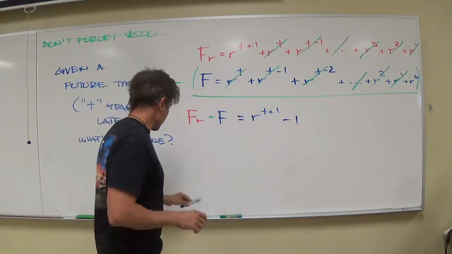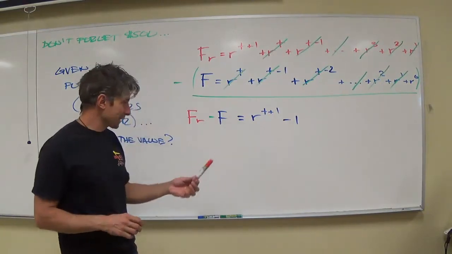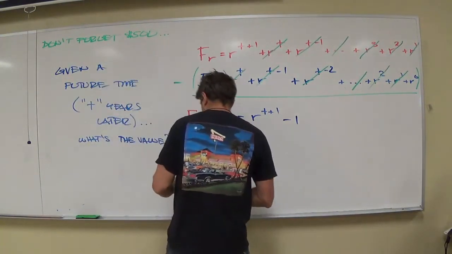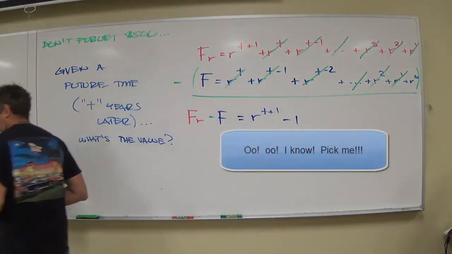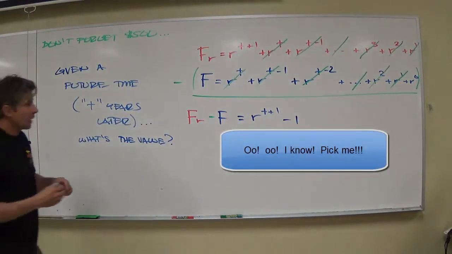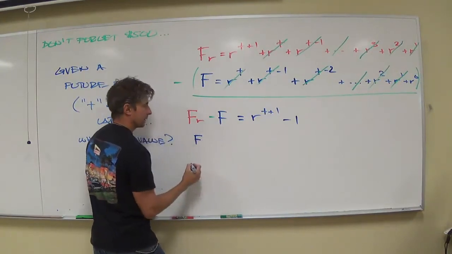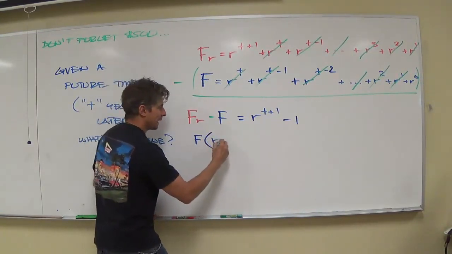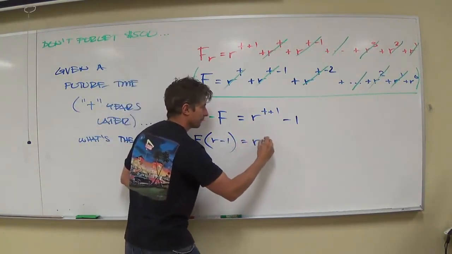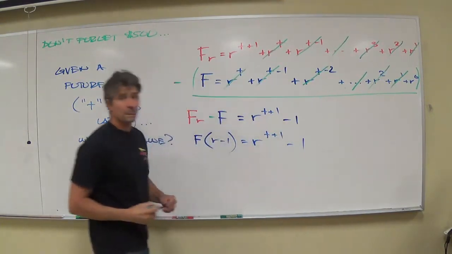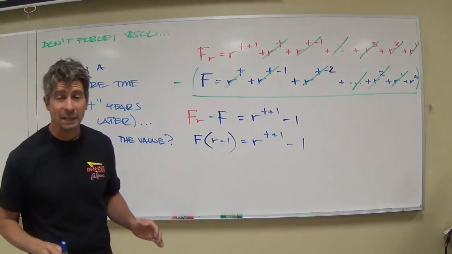And then somebody in the back of the room, who was exceptionally clever, whose name rhymes with Bon Wool, said, hey, wait a minute! We can actually factor this f out over here and leave behind an r minus 1. Class is pretty impressed by that, not going to lie to you.